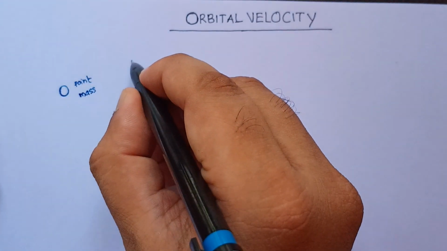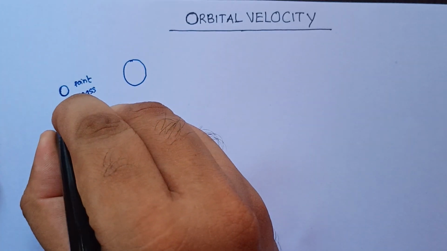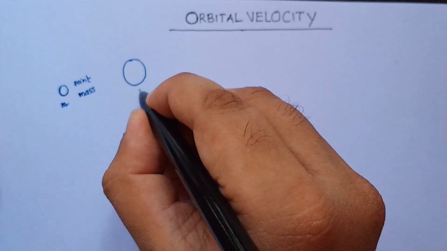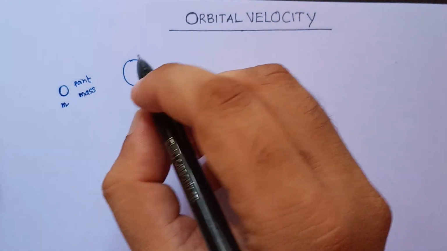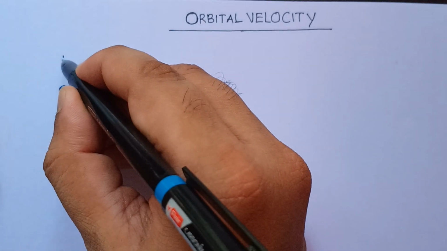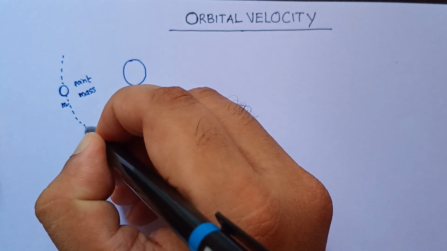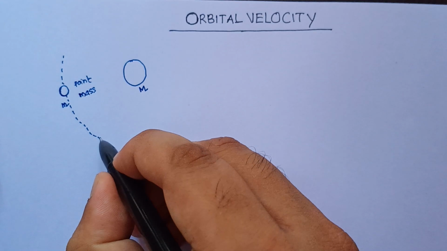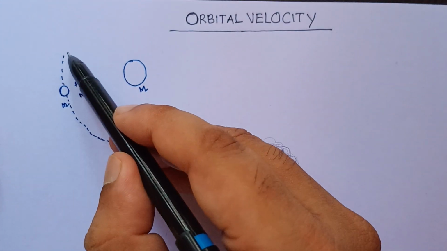And we have a very big mass here. This is a planet. So I denote the small one as m and here the big one as M. Now let us consider it's orbiting in a circular path. Normally the path can be circular or elliptical, but for simplicity we always go with the circular path.